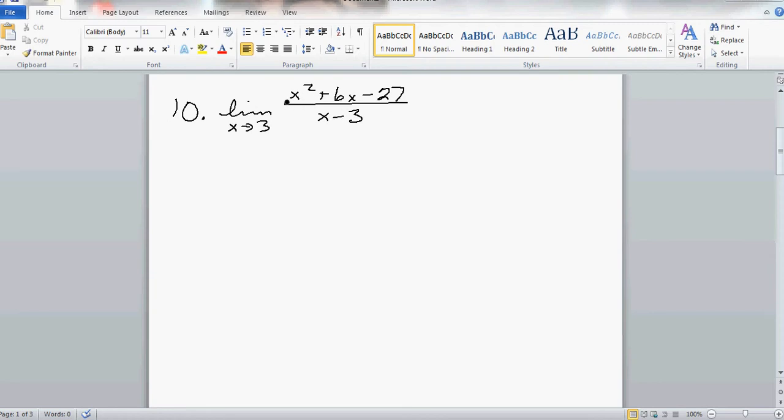So what I'm going to look at is, can I factor anything here? Well, I can't factor out a common factor, but I can factor that numerator. And this numerator factors to x minus 3 times x plus 9.